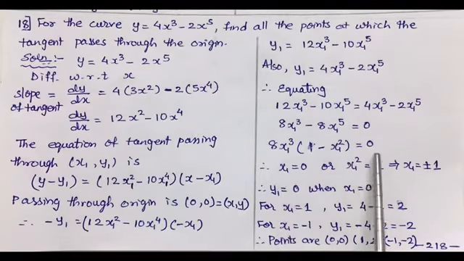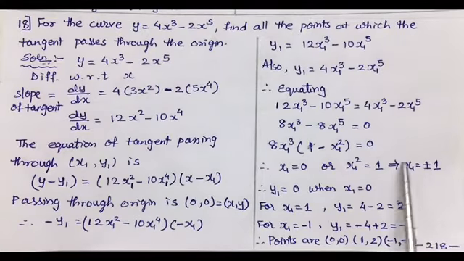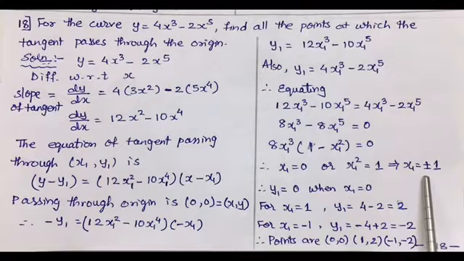So either x1 is equal to 0 or x1 square equal to 1 from this bracket. So x1 is equal to plus or minus 1 when x1 square is equal to 1. So we got here three values of x1. One is 0, another value is plus or minus 1.